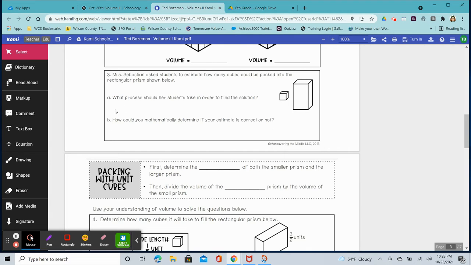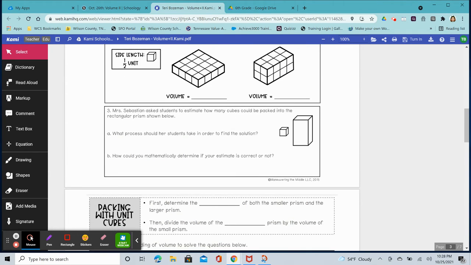So, this is really one for you to think on for yourself, to determine what you think the process should be in order for them to find their estimate, and then how could they determine mathematically if their estimate is correct or not. So think about what you know about volume and how we take these little unit cubes and we pack them into rectangular prisms.